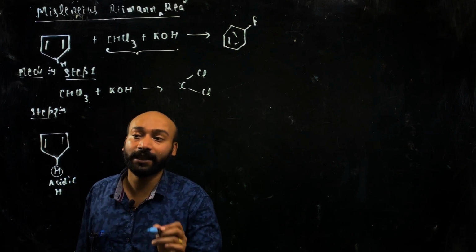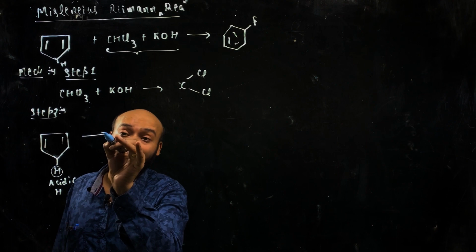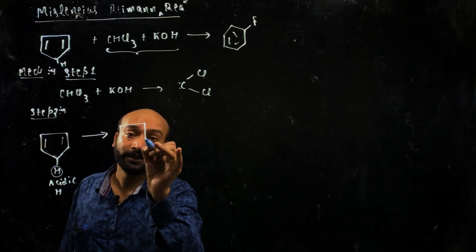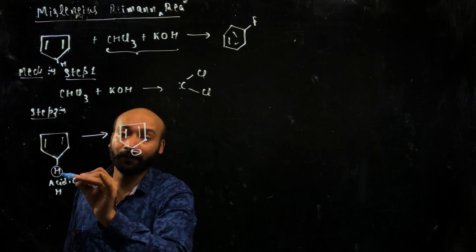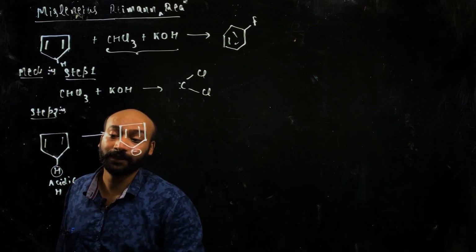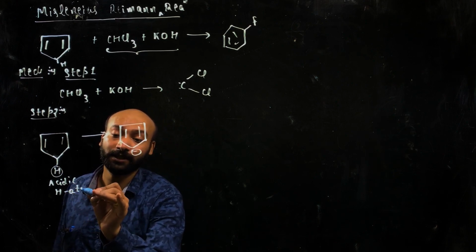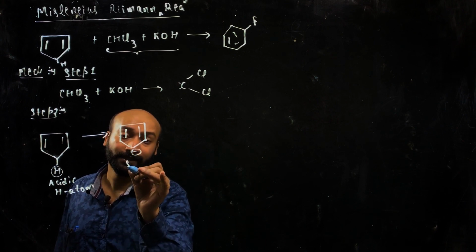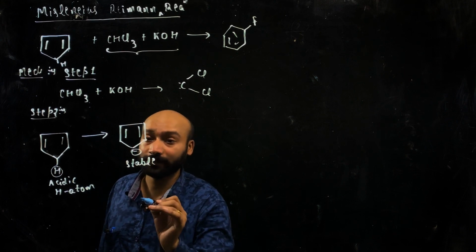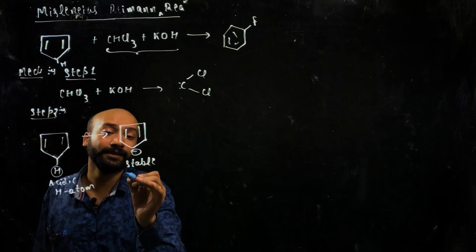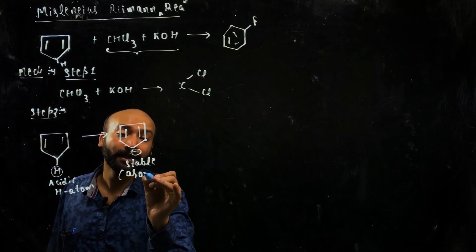So this becomes the aromatic compound, which is more stable after removing the hydrogen atom. So this becomes the acidic hydrogen atom. This is very stable. How is this very stable? Because this attains the aromatic character.